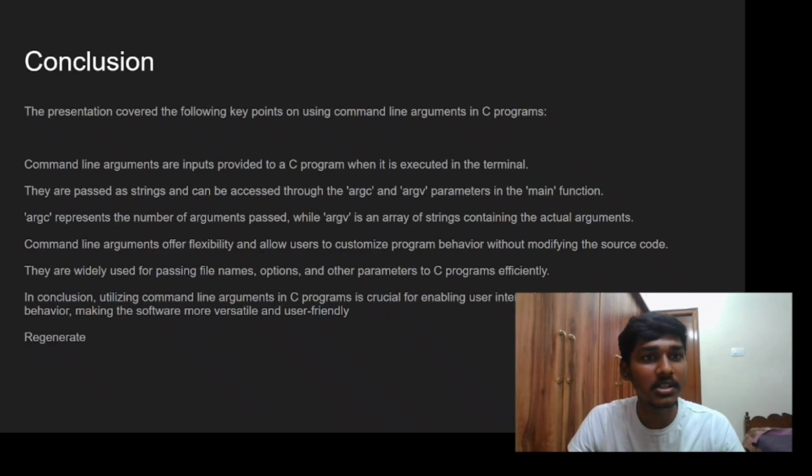Conclusion. The presentation covered the following key points on using command line arguments in C programming. Command line arguments are inputs provided to a C program when it is executed in the terminal.